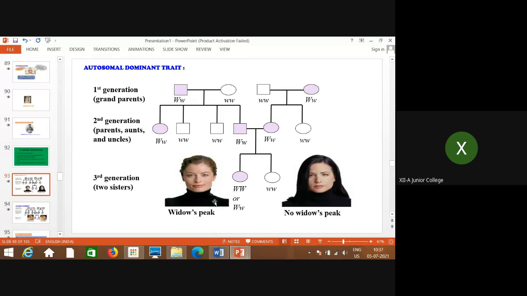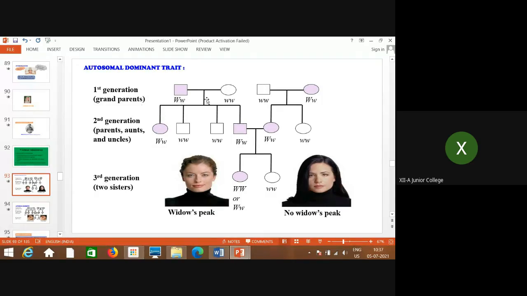And when both the alleles are in the homozygous recessive form, then no such phenotypic expression as widow's peak is observed. That is called no widow's peak, or normal. No such hairline starts from the middle of the forehead. It doesn't give any V-shaped or W-shaped structure. So that's why this is not seen in the homozygous recessive condition.